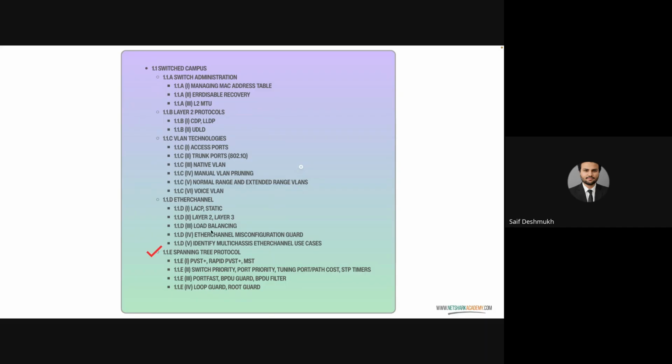In switching campus, in today's session, we will be talking about the spanning tree protocol. We'll talk about PVST plus, Rapid-PVST plus, and MST, and their convergence as well. That will be the main focus. The manipulation of spanning tree, all the features, where you are changing the priorities, port priority, switch priority, manipulating as per the business needs. We'll also consider those scenarios in the practical.